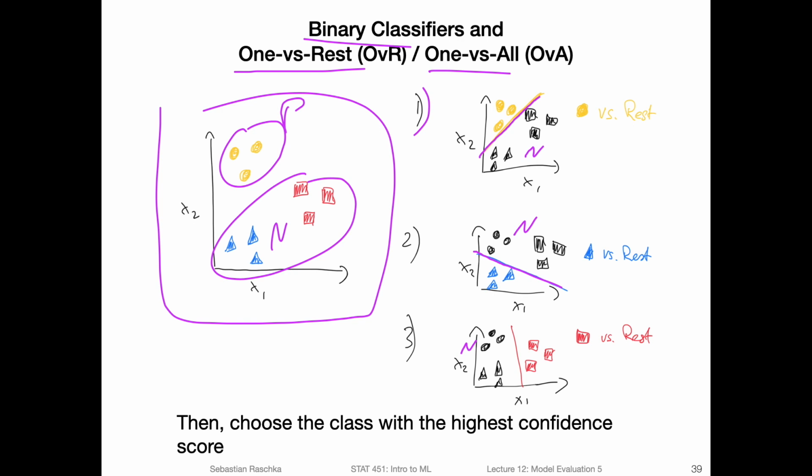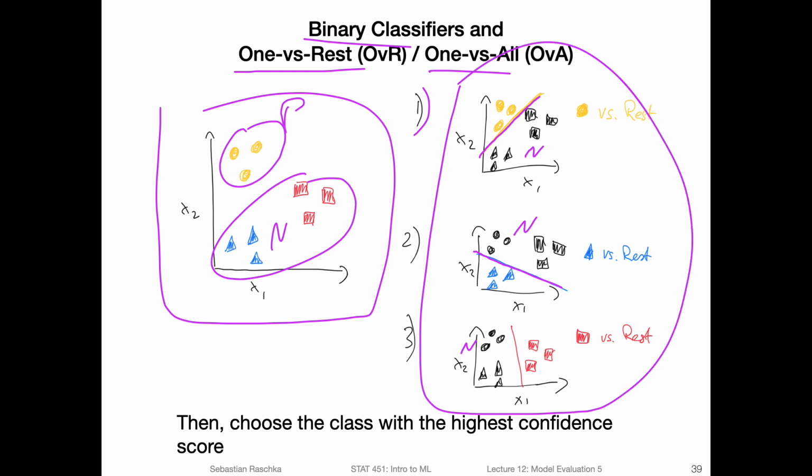So the number of binary classifiers is equal to the number of classes in the dataset then. And in practice, we would, during training, fit all three classifiers. And during prediction, for each training example, we would run all three classifiers, and then we choose the one that gives us the highest confidence score.